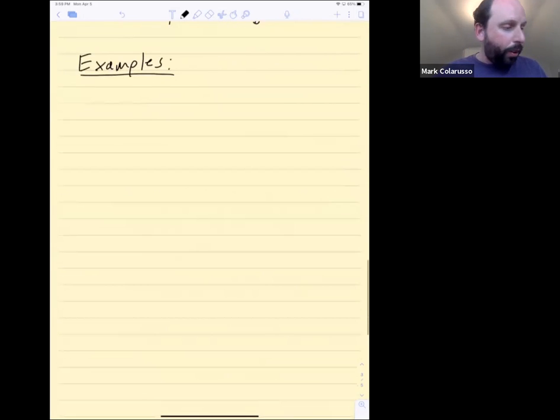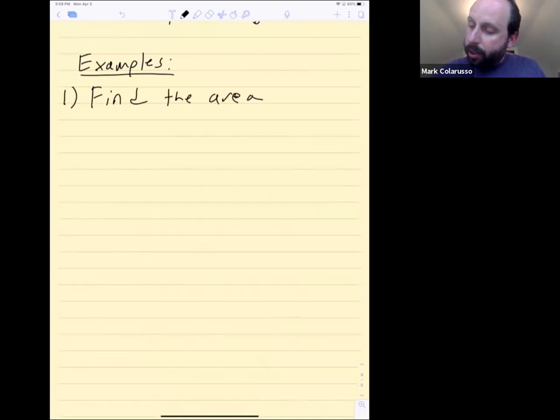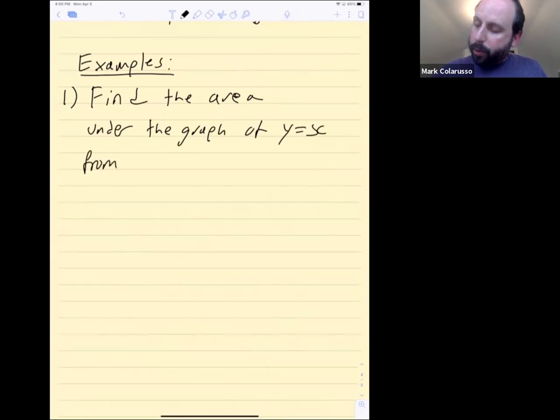Okay, so this first one's going to be really, really easy. Find the area under the graph of y equals x from x equals 0 to x equals 1 in two ways.